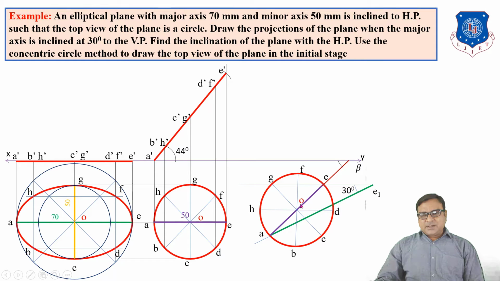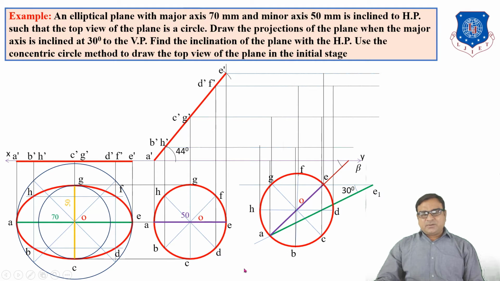In this figure, the top view of the major axis A is at angle beta with the vertical plane. Here the angle beta is always greater than 30 degrees. What is the front view? By taking vertical projection lines and horizontals from the front view, get intersection points A dash, B dash, C dash up to H dash, and trace the curve. By joining all the points, you will get the front view.